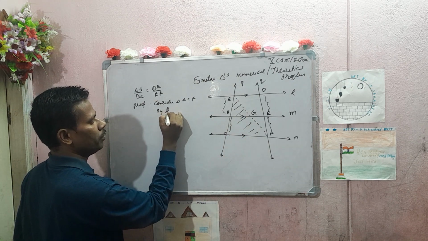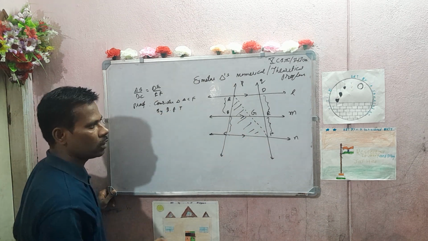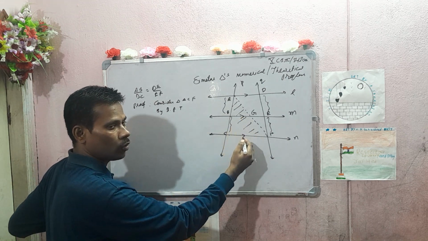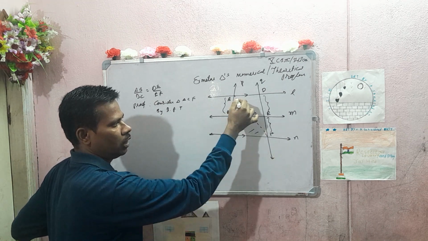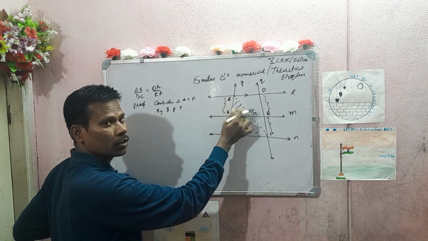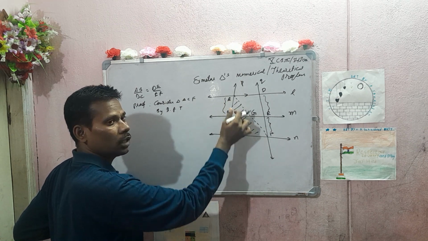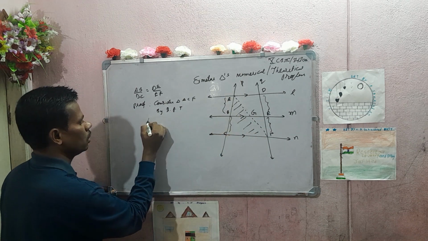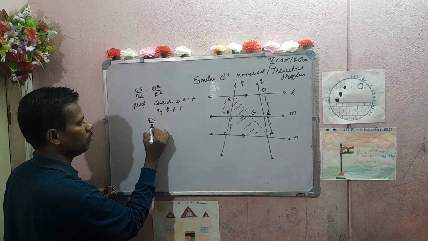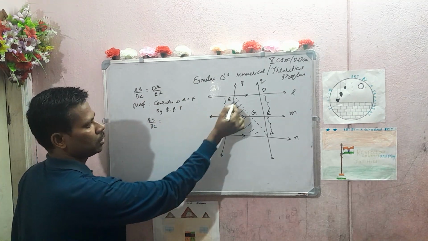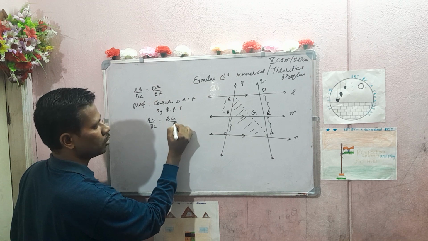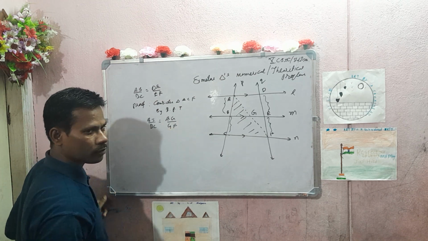By BPT, basic proportionality theorem, if a line is drawn parallel to one side of a triangle, it divides the other two sides in the same ratio. This line is parallel to this side, so AB by BC is equal to AG by GF.